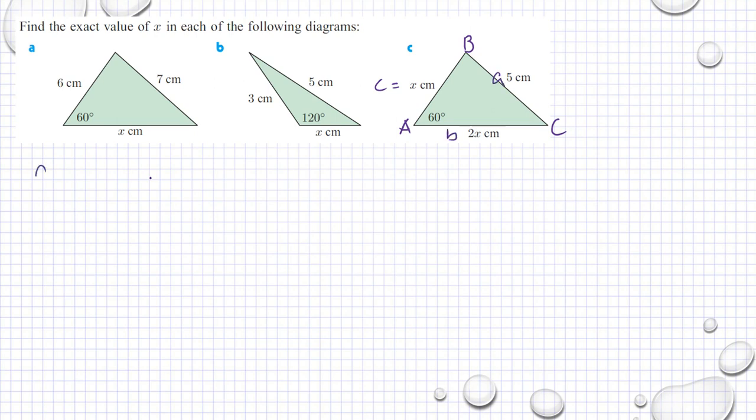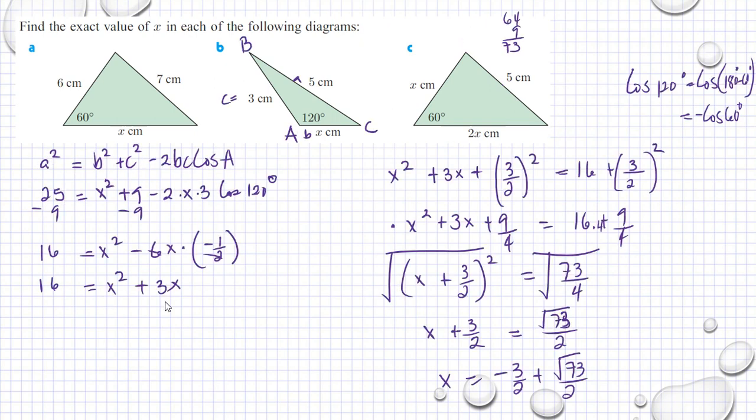So our A squared is equal to B squared plus C squared minus 2BC cosine 60 degrees, cosine A. A squared is 25. I forgot to give you the unit; this should be centimeter.